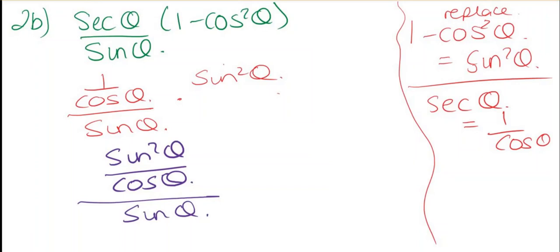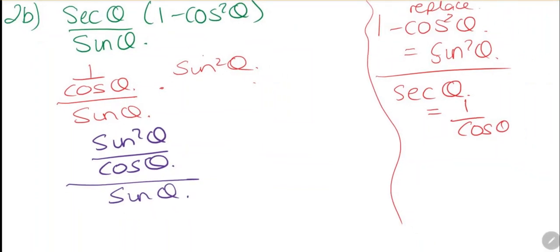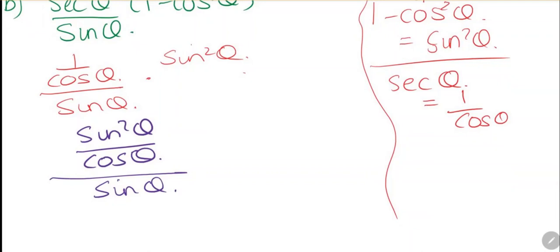So if we divide them by sine, this is going to be the same as rewriting it. So let's rewrite it first. So sine squared theta over cosine theta.